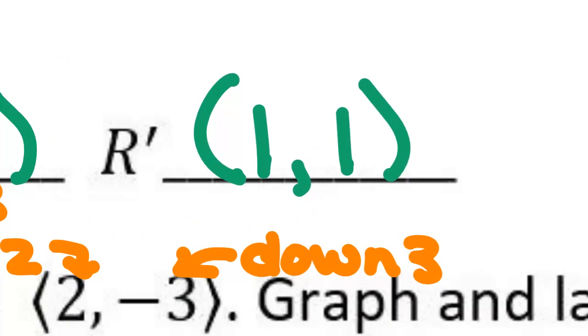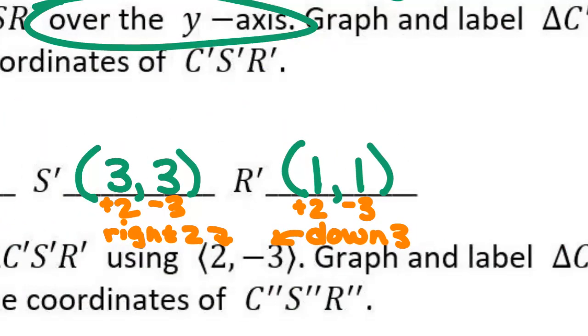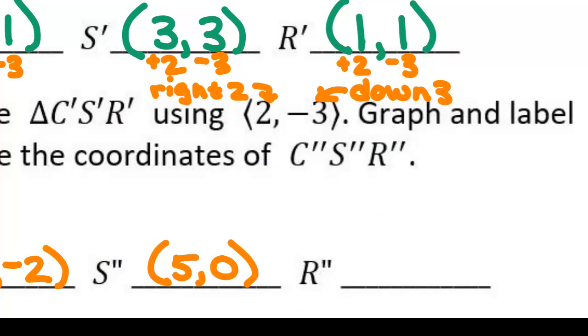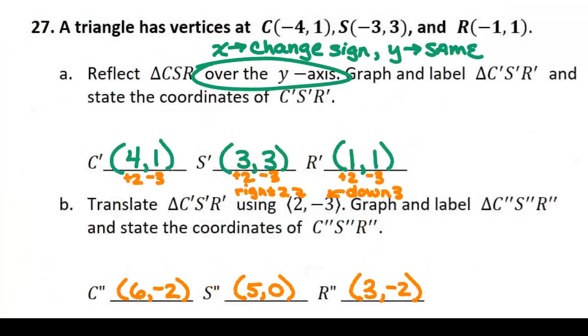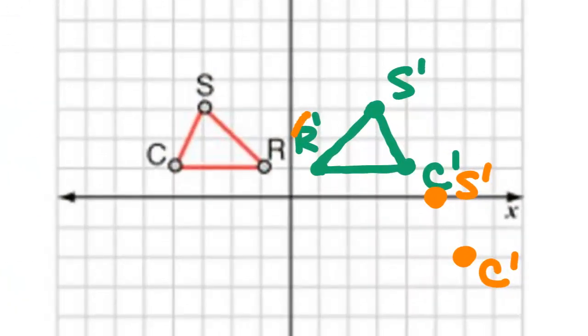And then R prime, add 2 to the x, subtract 3 from the y, so that puts me at 3, negative 2. Over to the graph, from R prime, we're going to count 2 to the right and down 1, 2, 3, right here. Sorry, these should be double primes, not single primes, because we're moving our single prime.